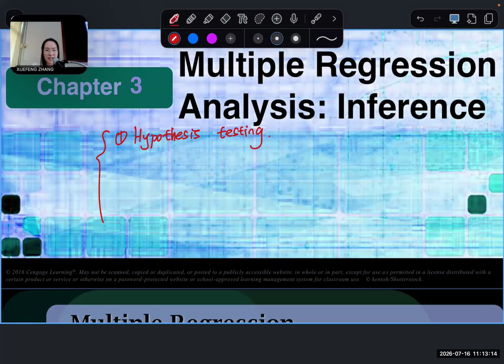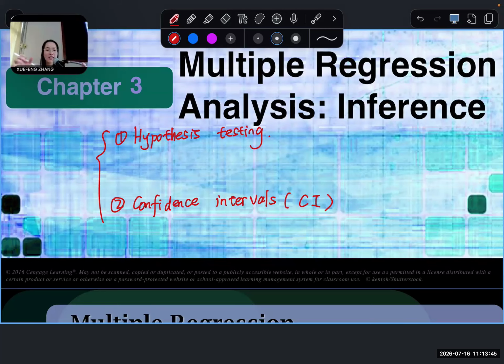Next one, we need confidence intervals. So confidence interval means giving a range of plausible values for the true beta instead of just one number, okay?